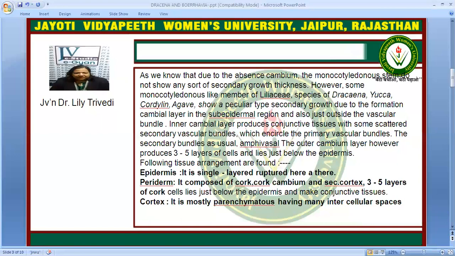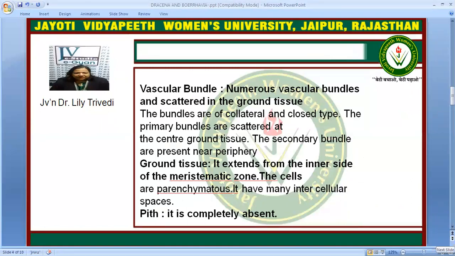Now, if we go layer wise, the epidermis is there, it is single layered and ruptured. The periderm consists of cork, cork cambium, and secondary cortex. 3 to 5 layers of cork cells lie below the epidermis, and these cells are only making conjunctive tissue. The cortex is parenchymatous, having intercellular spaces. But the vascular bundles, there are numerous vascular bundles scattered in the ground tissue.